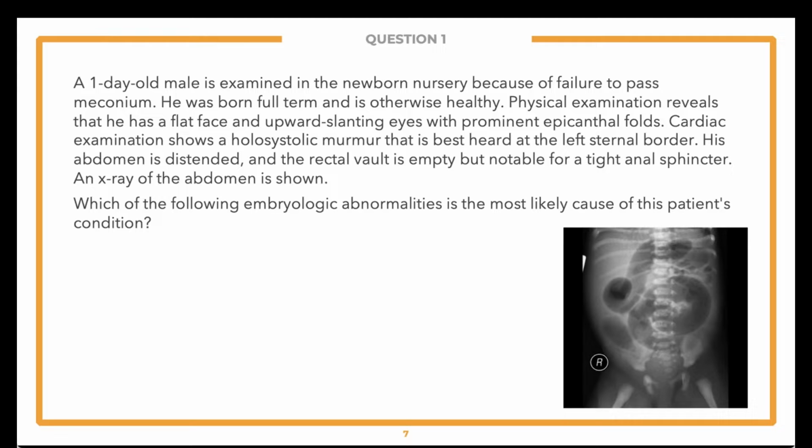Now, obviously, you could go through and read the vignette, and some students will do that. They'll read the vignette and then they'll read the lead-in because that's the way it's presented. But the good thing about reading the lead-in first is that now you know what you're going to be assessed on, as well as what kind of data you should be looking for when you read the vignette.